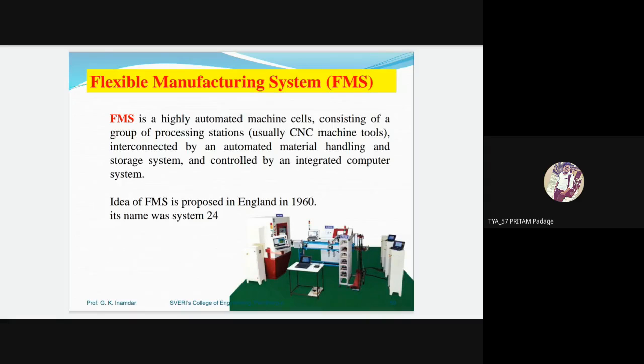Flexible manufacturing system is a highly automated machine cell consisting of a group of processing stations, usually CNC machine tools, interconnected by an automated material handling and storage system and controlled by an integrated computer system.